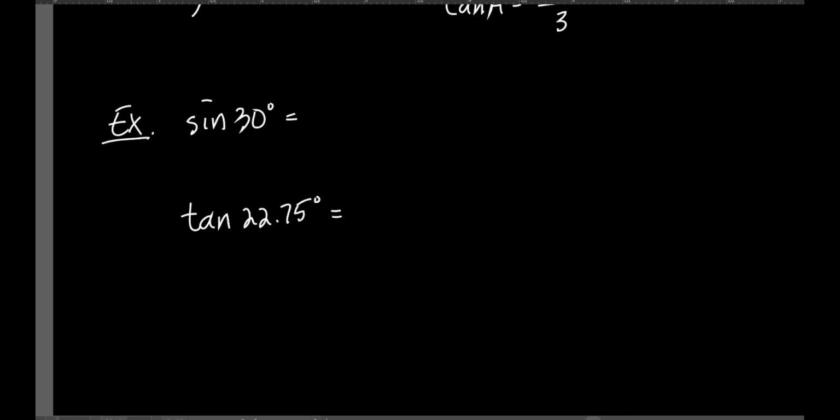How do I get out of here? Hit enter. Maybe clear. There we go. Now let's try it. Watch. So I hit sine, and then I hit 30. Hit enter. There it is. That's better, okay?